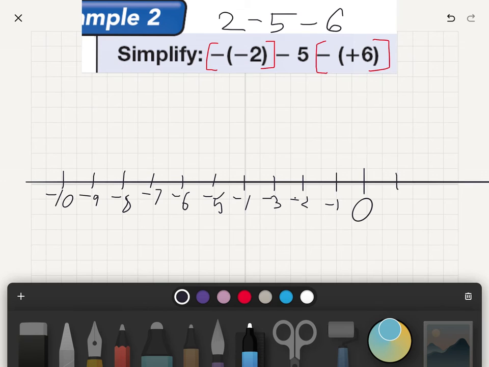Okay, let's go 1, 2, 3. So now just to say, you could just go across and go, okay, if I combine a value of 2 and -5, that will actually get me a -3. And then a -3 combined with the value of -6 would get me a -9.